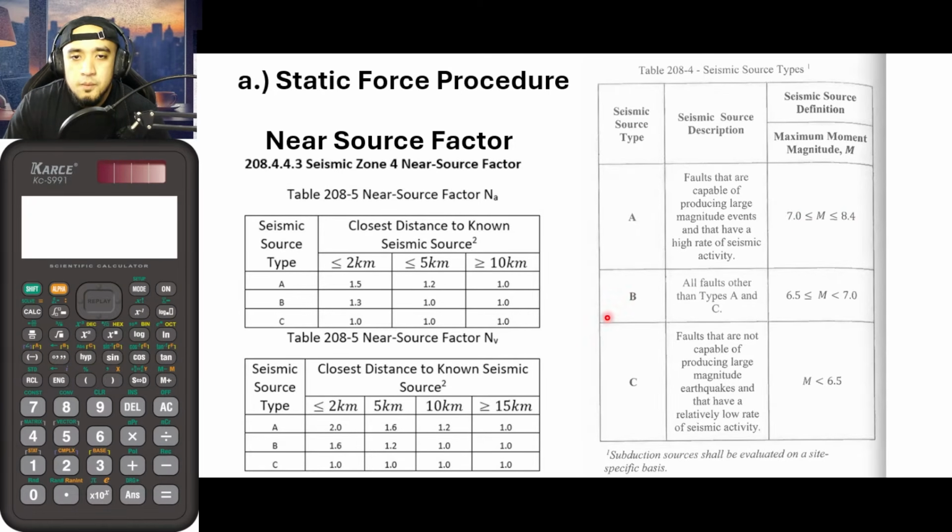For seismic source type B, these are fault lines that would produce magnitude 6.5 up until 7 earthquakes. And for seismic source type C, these are fault lines that would produce less than magnitude 6.5.